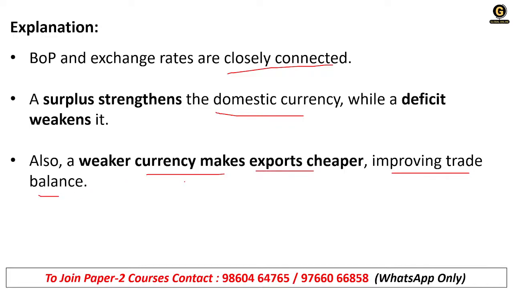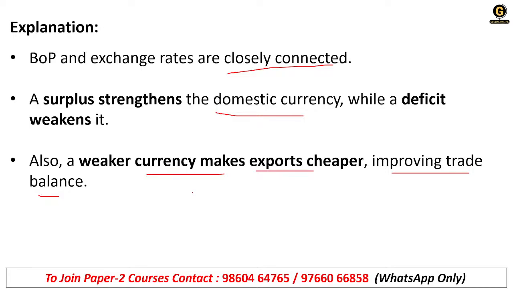So when we have our currency in a weak position, our exports will be directly affected, right? So directly exports will be affected. So when we have a weaker currency, that is not a good sign, right? Improved trade balance. Correct.